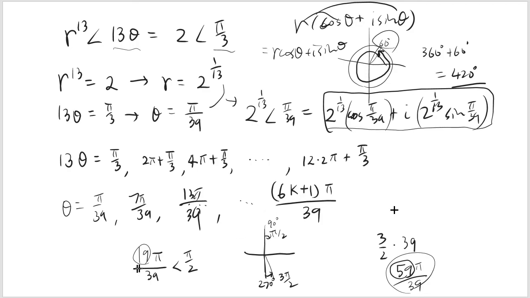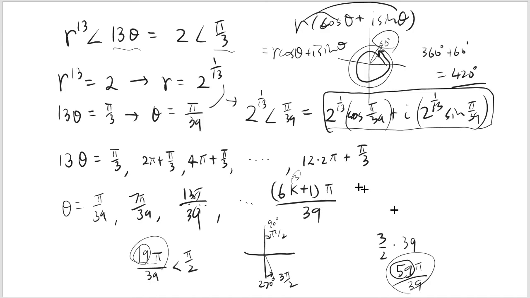Actually, I'm working lazily here, because I should really have figured out the rectangular form by punching in all these numbers. But this works too. So 59 is not one of these numbers.